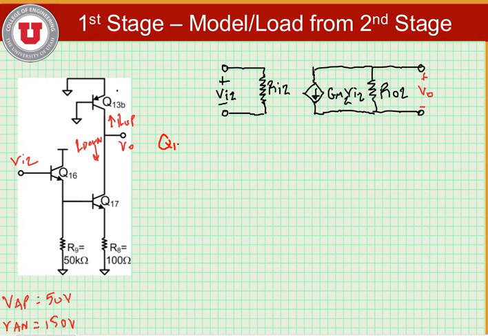So Q16 is an emitter follower, which we know is just a voltage buffer that has a gain equal to 1, or approximately equal to 1.